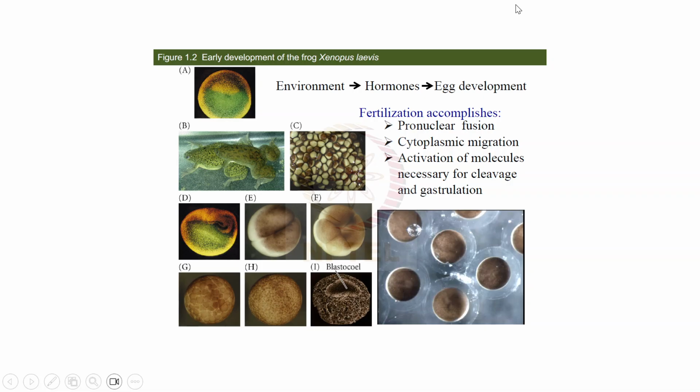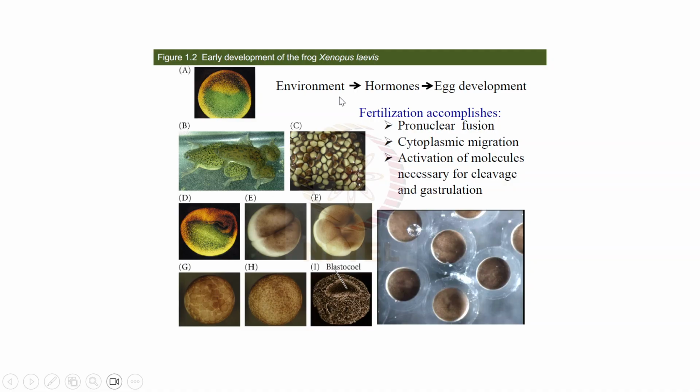Now what happens in some organisms is that the environment decides what sex, male or female, that particular egg will form. So that will be dependent upon environmental cues. It happens in the case of some organisms.